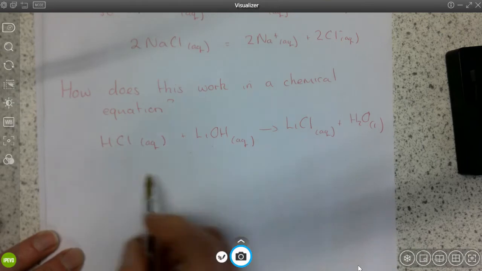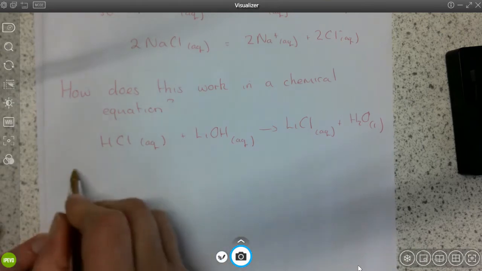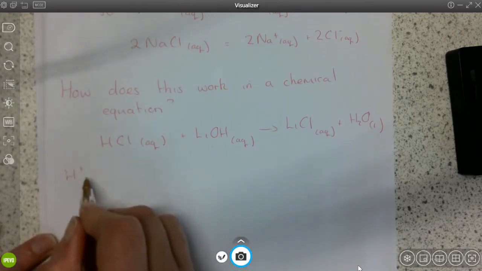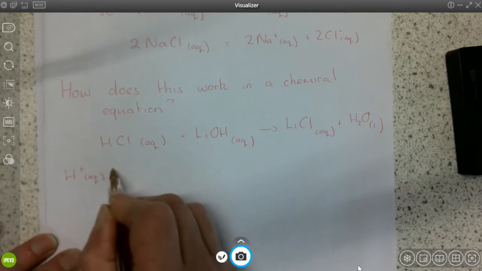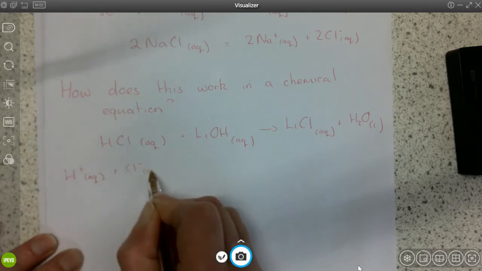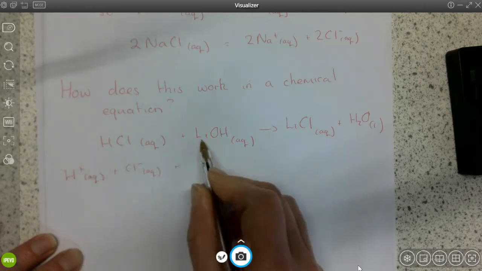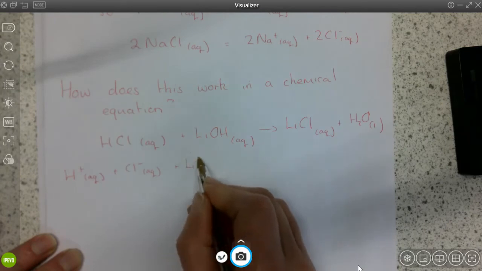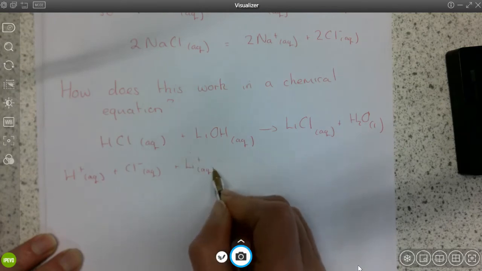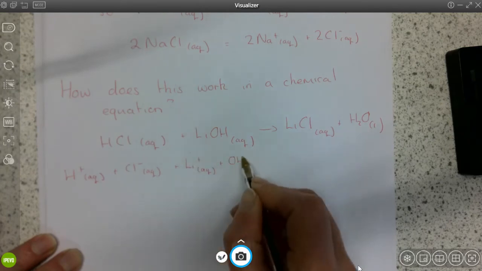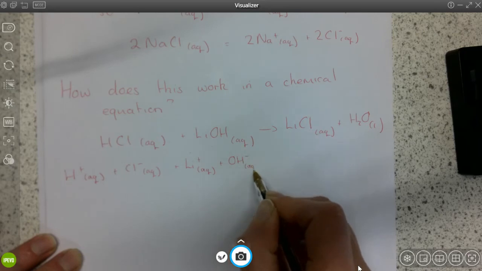So this means I can split up HCl (aq) into H+ (aq) plus Cl- (aq), plus lithium hydroxide can split up into Li+ (aq) and OH- (aq).